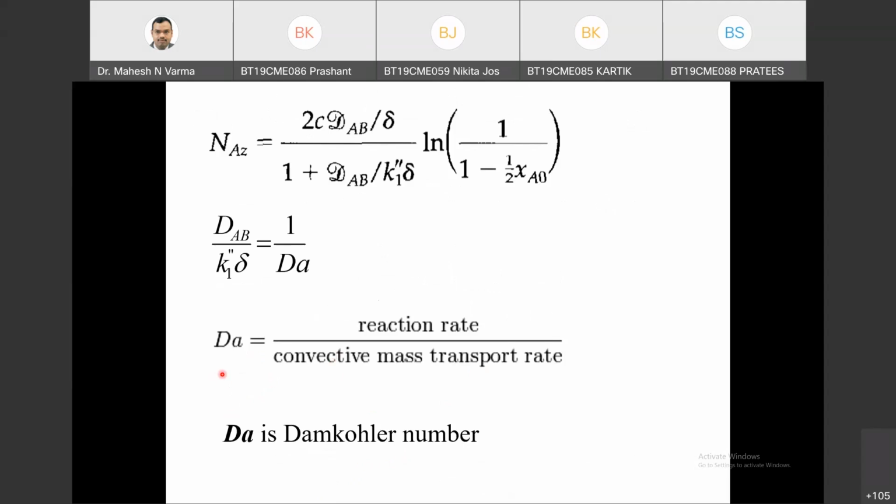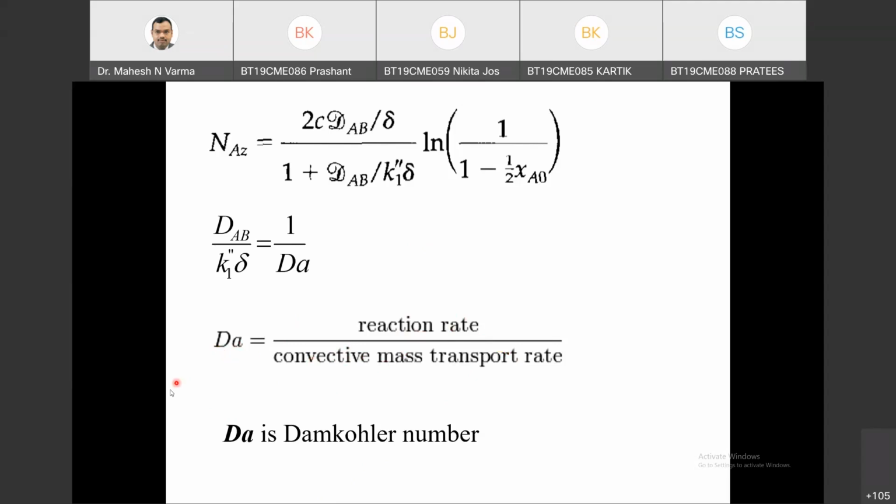The Damkohler number is the ratio of reaction rate to mass transfer, not convective mass transfer, the ratio of kinetics to mass transfer.